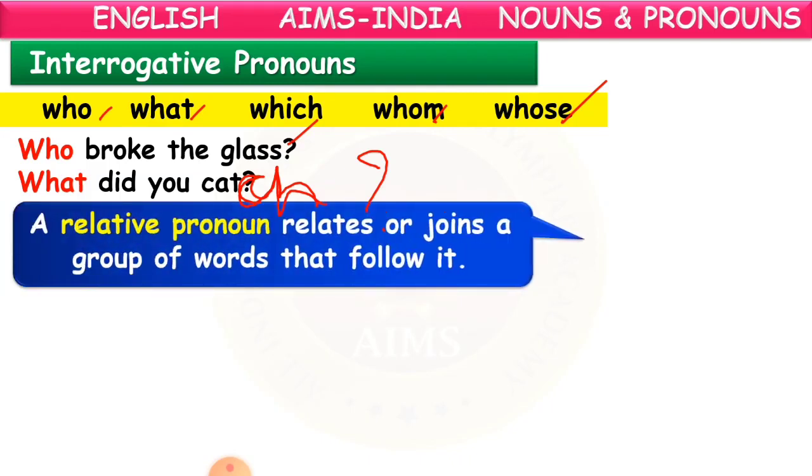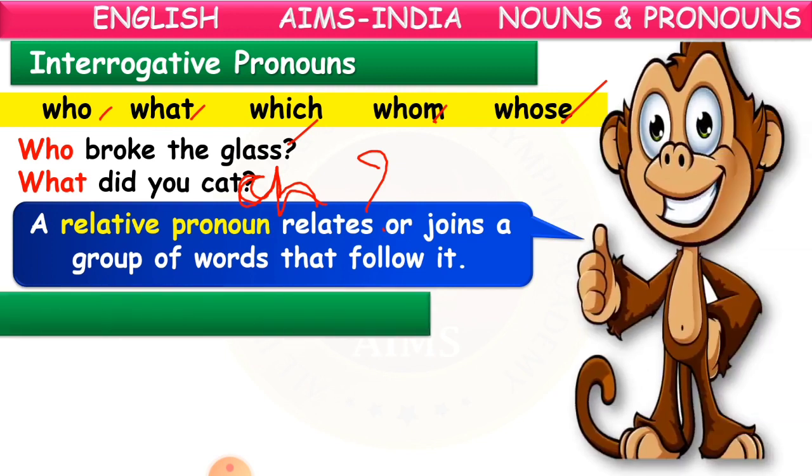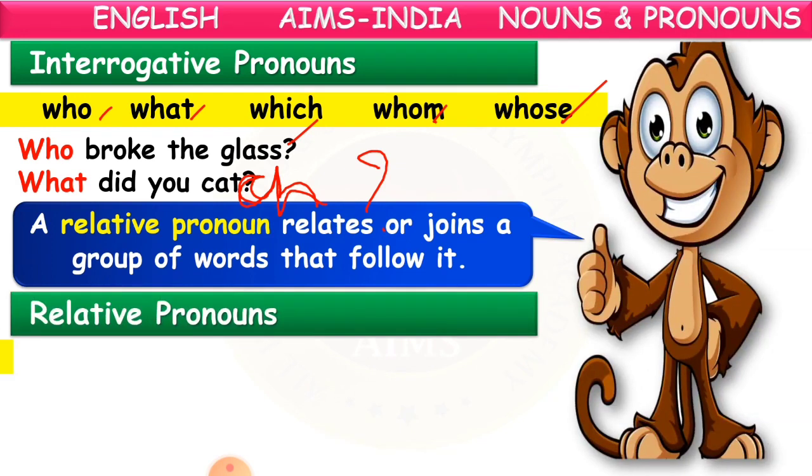Now we'll continue with the pronouns. A relative pronoun relates or joins a group of words that follow it. Another pronoun we have is the relative pronoun. What does it do? It relates or joins a group of words that follow it. For example, they are who, which, that.